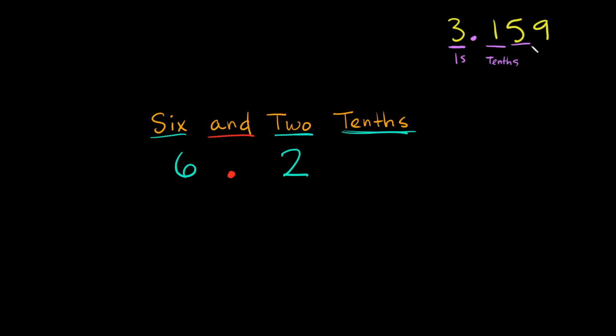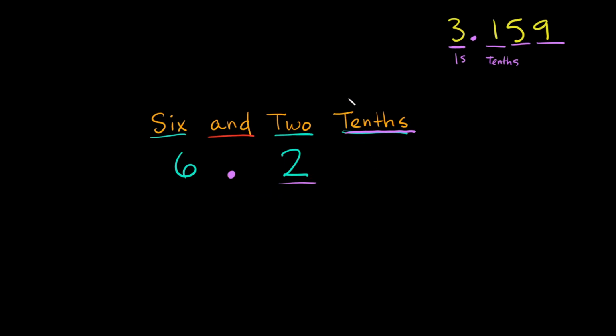And then this second one is called the hundredths place, and this third one is the thousandths place, okay? Now again, in this example, it says 2/10, right? So our 2 has to be in the tenths spot, which it is, because as you can see, the 2 is right next to the decimal, right? So we know we wrote it correctly, okay? So 6 and 2/10 is the same thing as 6.2.